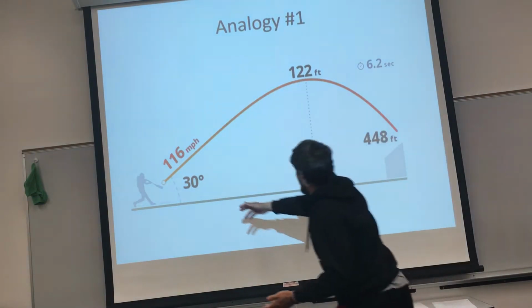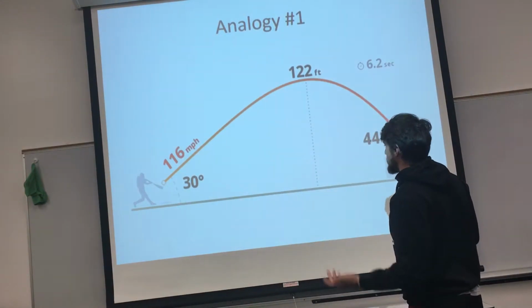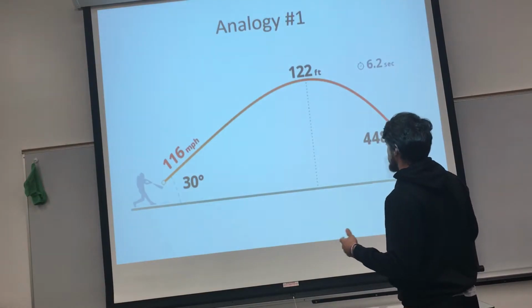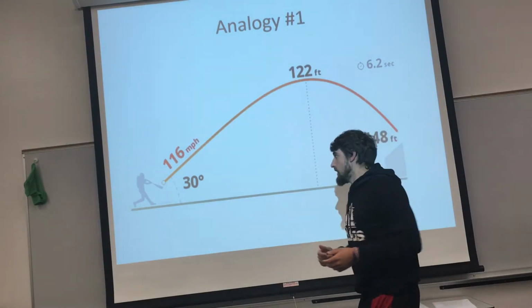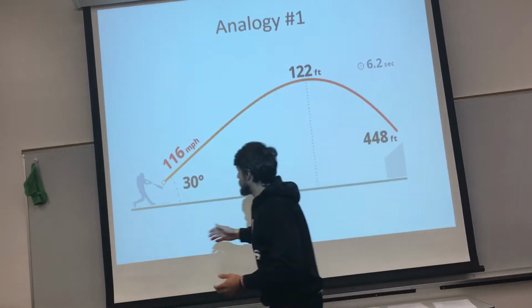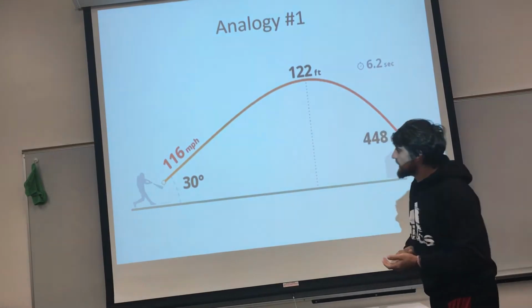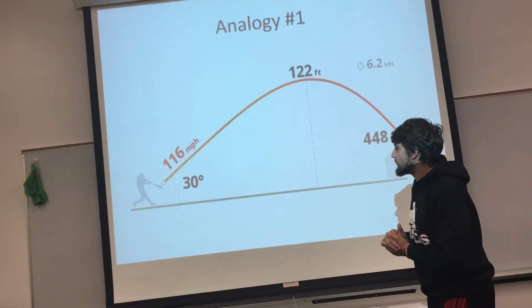As you can see by the graph, we basically have what a quadratic function does. Let's kind of dive into this a little bit. So the first thing we notice is this little guy right here. He hits this ball at a 30-degree launch angle.